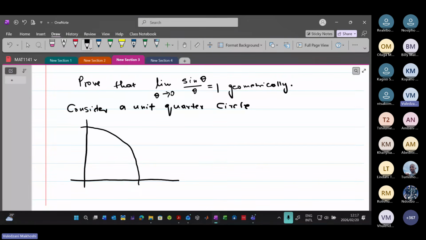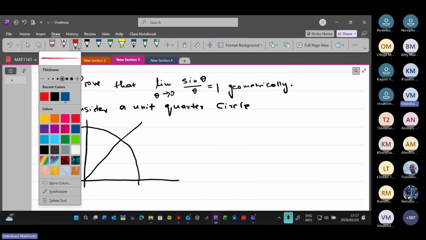So let us draw some triangles. Let us say this is the hypotenuse. Let us draw a right angled triangle. Let me use the red color.